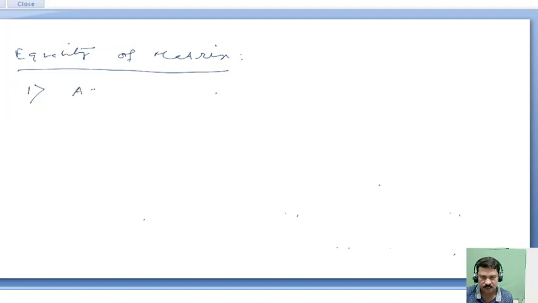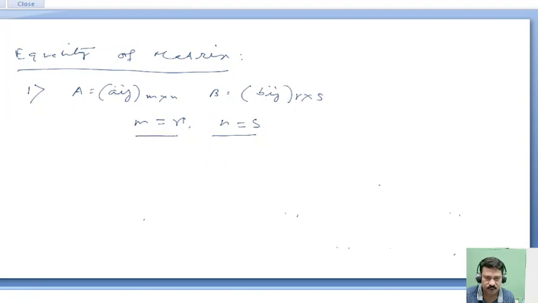Say A equals to a matrix of size Aij, M cross N, and B also a matrix, say Bij, R comma S. Here M should be equal to R and N equals to S. That is, two matrices are equal if they are of the same order, and each corresponding element is equal for all i and all j.